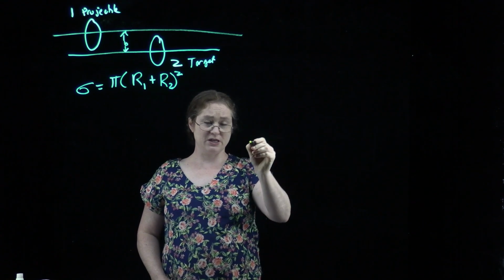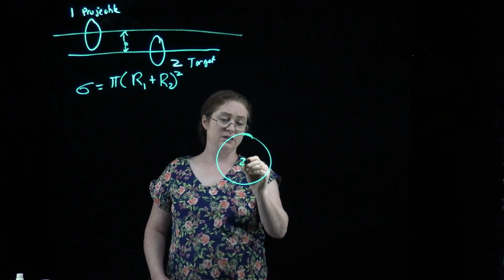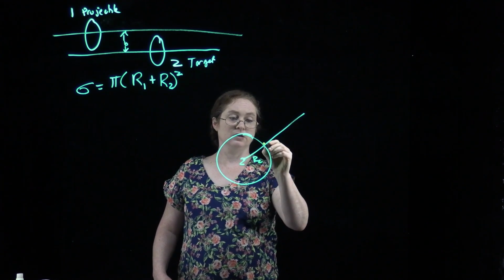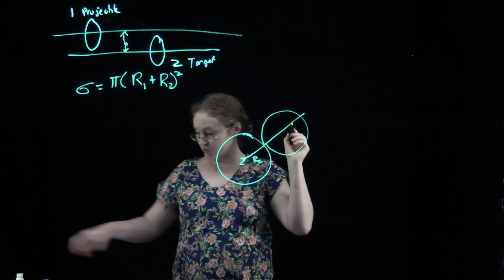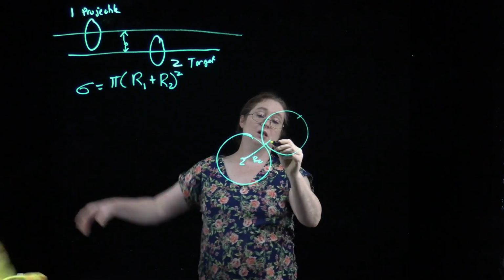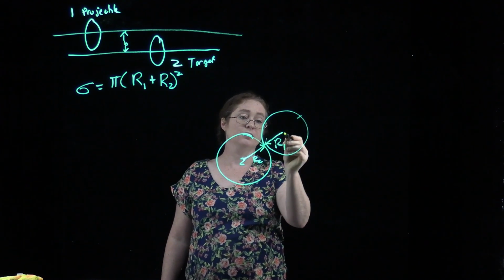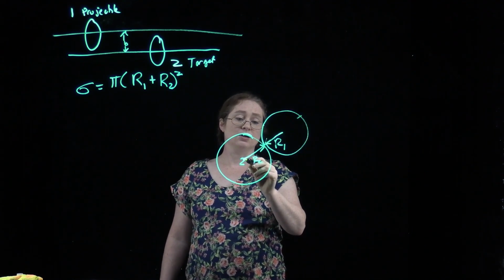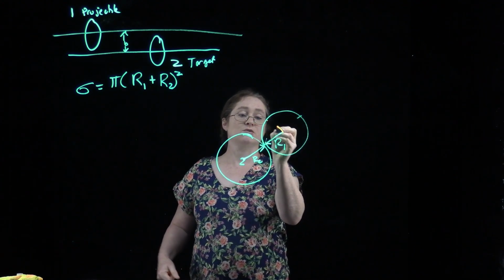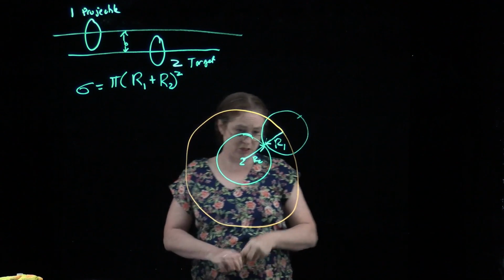So what you're really considering here, here is your projectile, and it's got some center, and as long as the two spheres are barely touching, you will actually get some interaction between the two of them, which means that your effective area for your target is the one swept out by how far away the projectile could be and still hit the target.